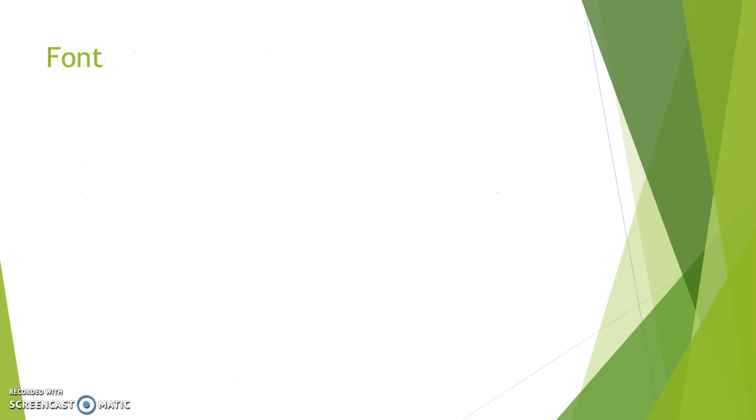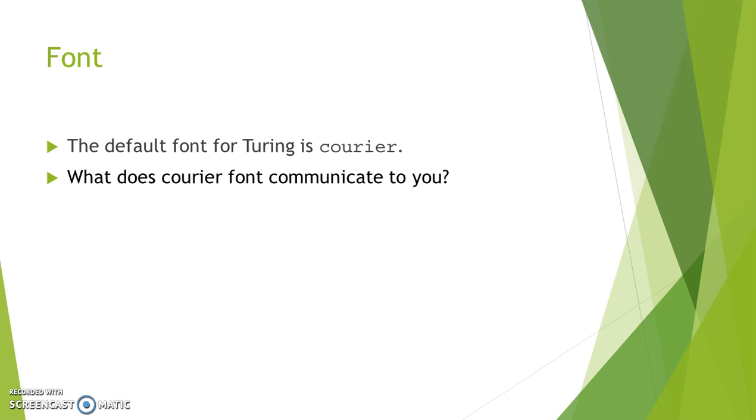Okay, so let's start with the idea of font. The default font for Turing is the ancient Courier font that essentially looks like an old manual typewriter created it. And I'd encourage you to think for a second about what that font communicates to you.